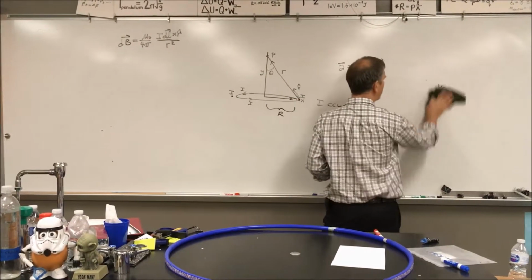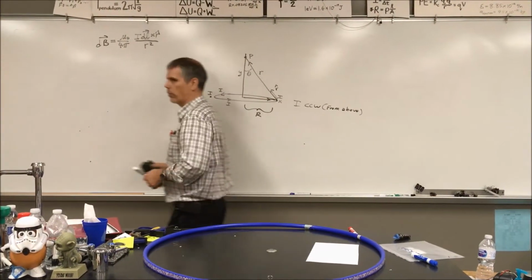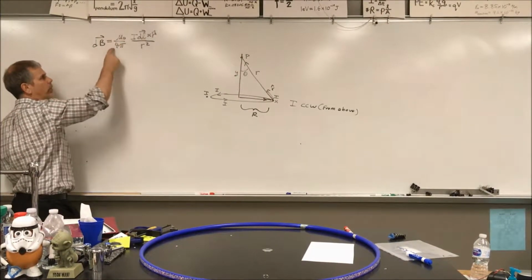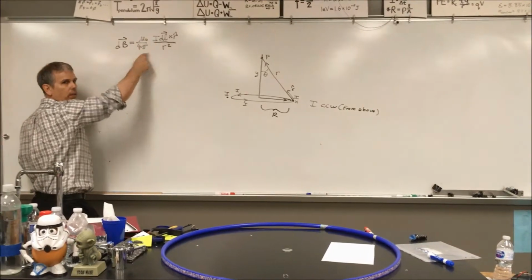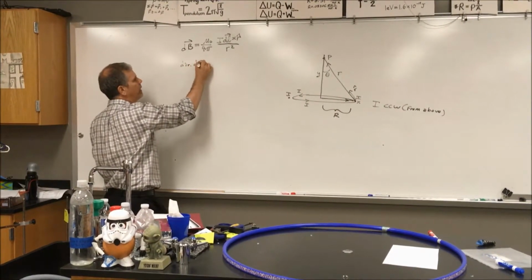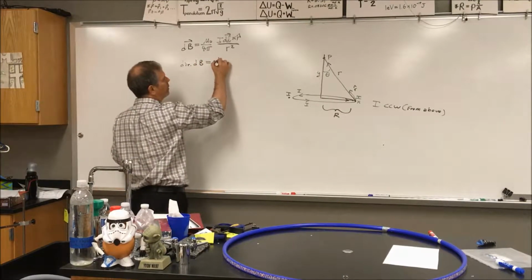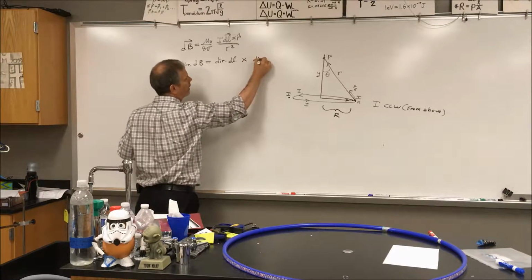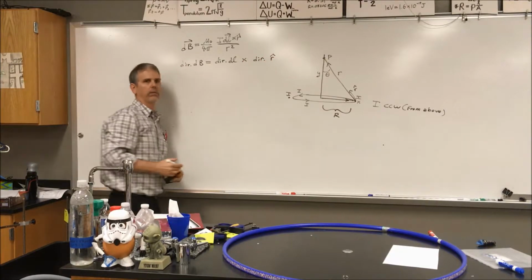Well, let's look over here and let's read the formula for direction. Do you see how those are all scalars? So this says the direction of dB equals the direction of dl cross the direction of r hat.